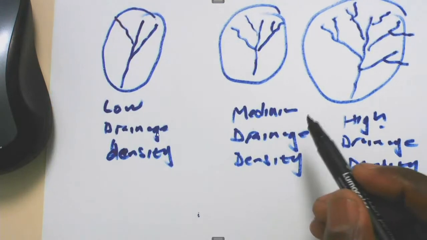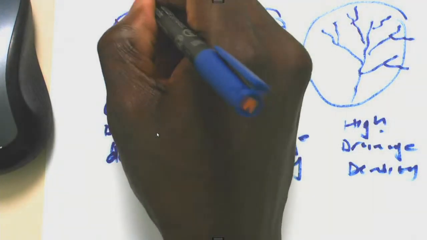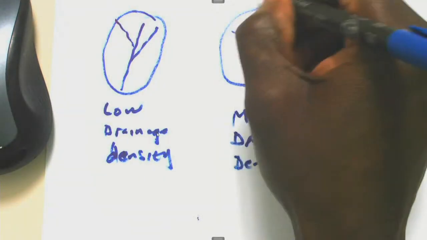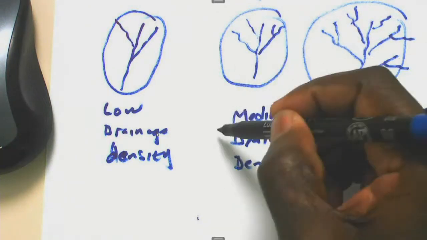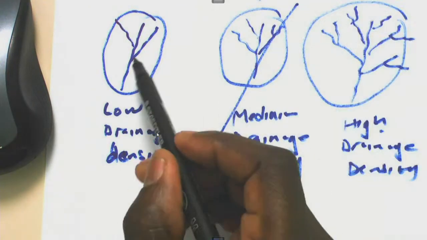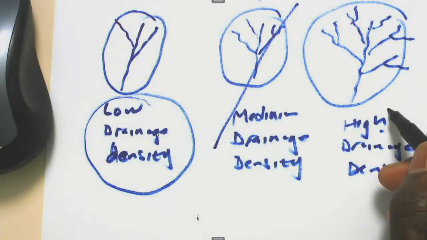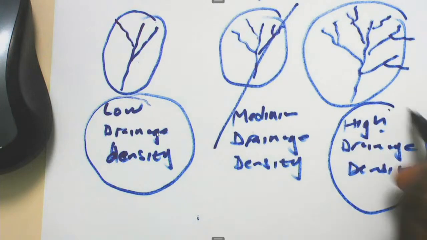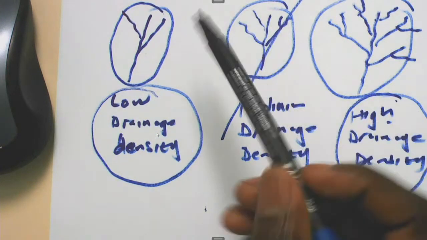But in most cases, we'll only use the first one, A, and this is going to be B and also C. But most of the time, we don't use this one. We're only using A and B: low drainage density and also high drainage density. So that means now we try to check what happened here.